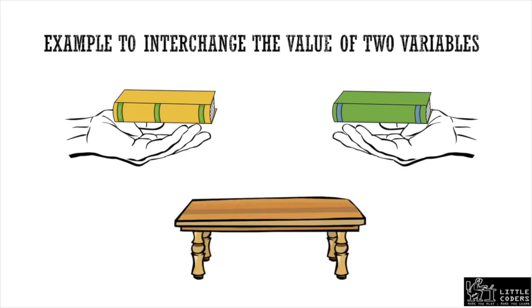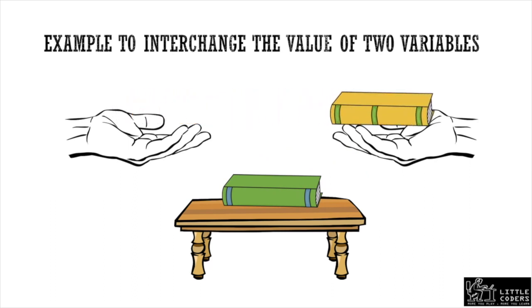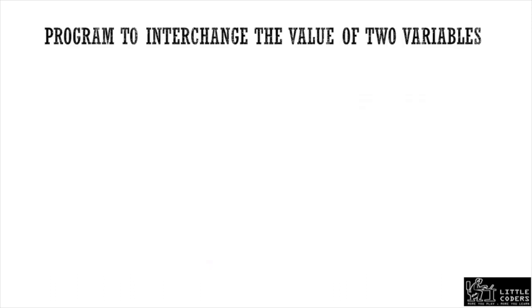We can place the book from the right hand on the table, shift the book from the left hand to the right hand, and then pick up the book from the table using the left hand. In that case, the books have been interchanged. So this is the logic used to interchange two values, where we need a temporary location.